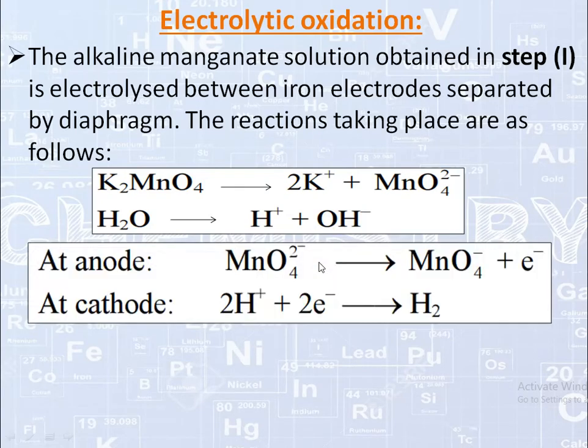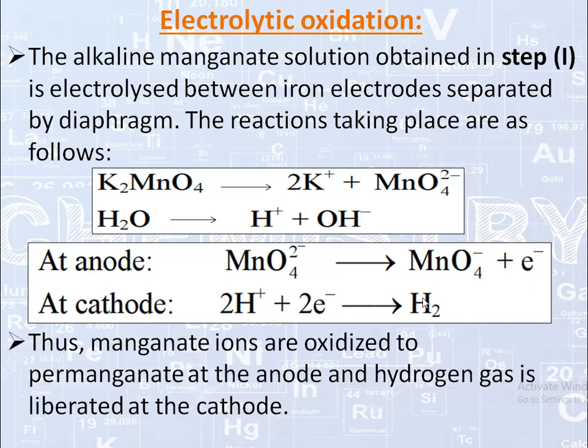So the reaction at the anode where oxidation occurs, the manganate ion MnO4 2- gives MnO4- plus 1 electron, and at the cathode where reduction occurs, 2H+ combines with 2 electrons to give hydrogen. So the manganate ions are oxidized to permanganate ions at the anode, and hydrogen gas is liberated at the cathode.